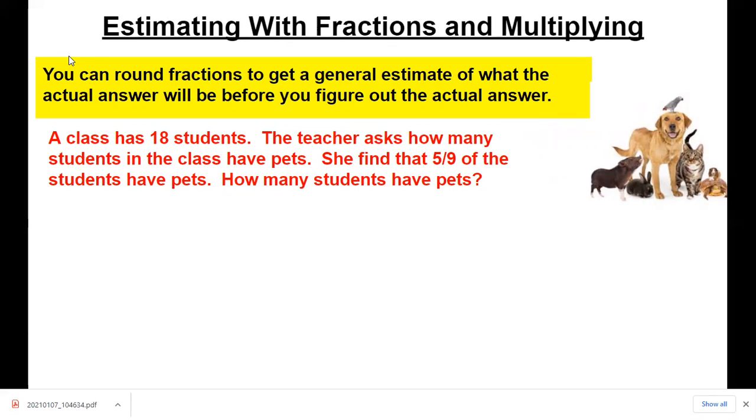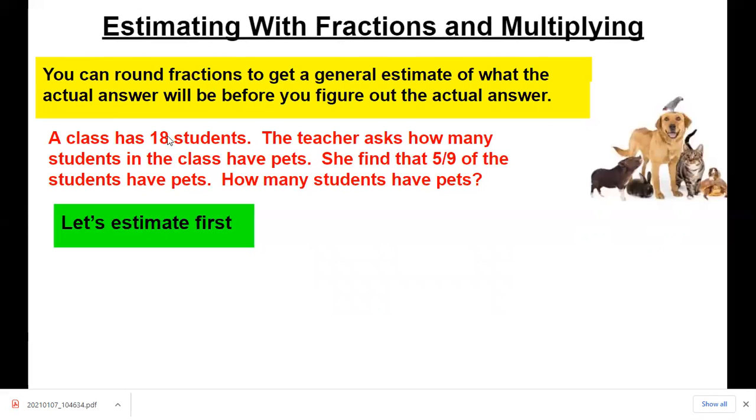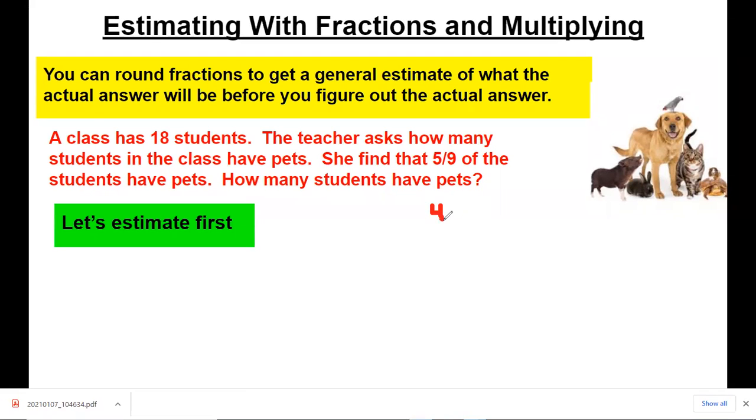Well, whenever you have this kind of problem, when you want to know a fractional part of a number, it's going to be multiplication. So we are going to first estimate. So 5/9 is close to 1/2, wouldn't you say? Because what is half of 9? 4.5, right? 4.5 is actually exactly half of 9.